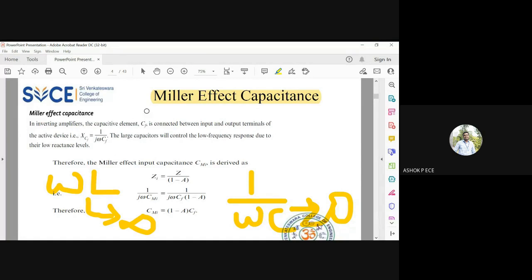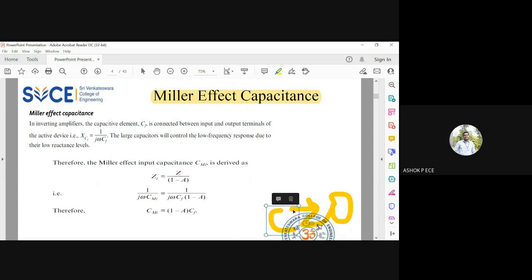Okay, so if I have a capacitor CF connected between input and output of my circuit, how am I going to decompose that? So the formula for Zi and Zo. Write the formula for Zi: Zi equal to Z by 1 minus A. And the capacitive reactance is given by XCF equal to 1 by j omega CF.